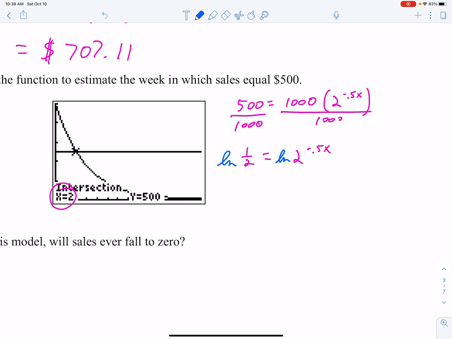Okay, and if you don't remember natural logarithms, don't worry. We're going to cover those at the end of the next section. All right, so the rules of logarithms say we're allowed to take this exponent to the front as multiplication. So we're going to do that. We have natural log of 1/2 equals negative 0.5x times natural log of 2.